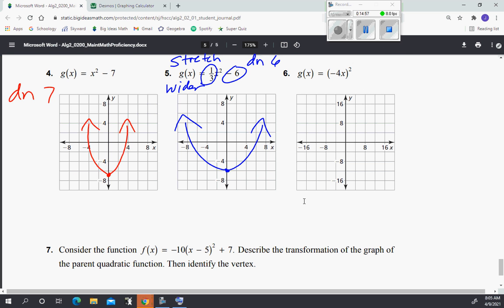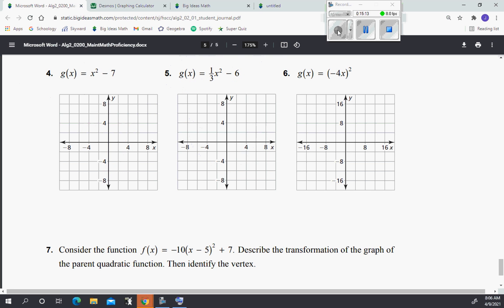Negative 4x squared. And that negative 4 is inside the parentheses. Okay, so number 6 is weird. It's different. Let me erase this stuff. Because it's in parentheses, this negative 4 is affecting only the x.